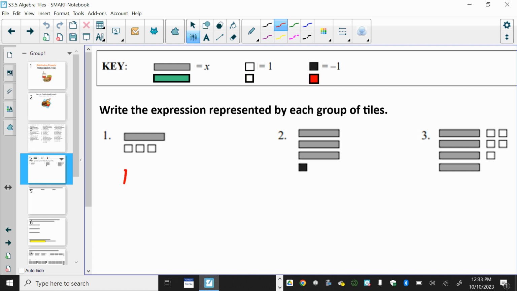So we have one x value, here's the x value for the green, and then we have three of the one values. 1, 2, 3. Alright. For the next one, we have 3 of the x's and negative 1 of the squares. Here we have 4 of the x's, and 1, 2, 3, 4, 5 positive ones. So we have plus 5.